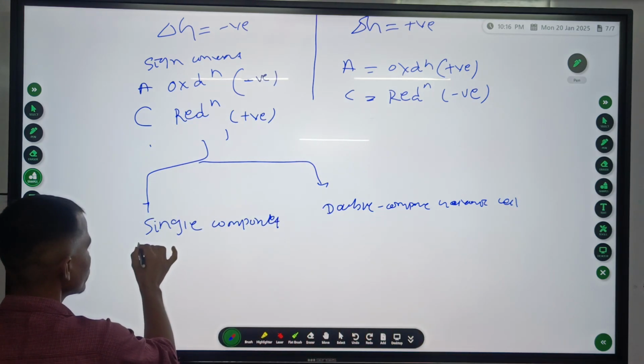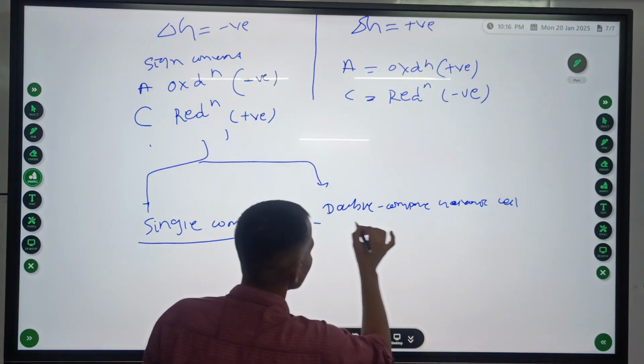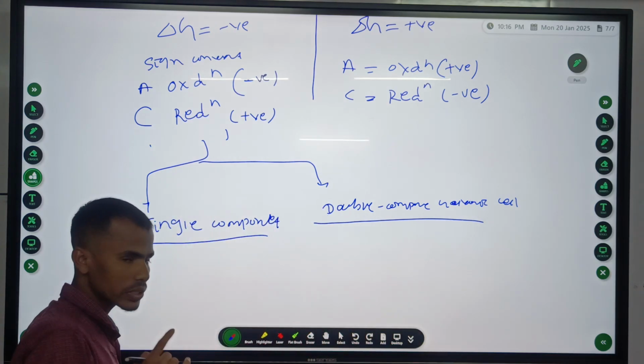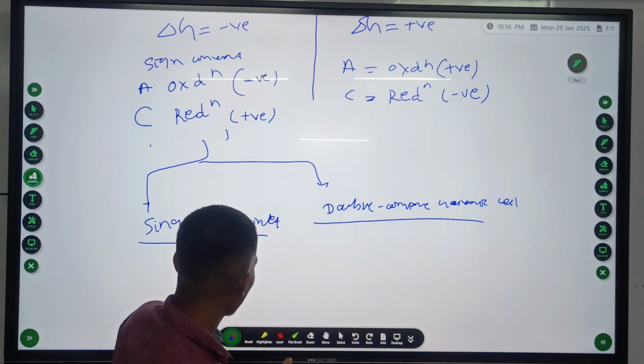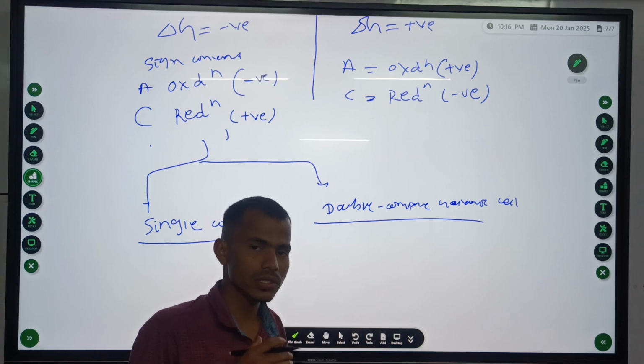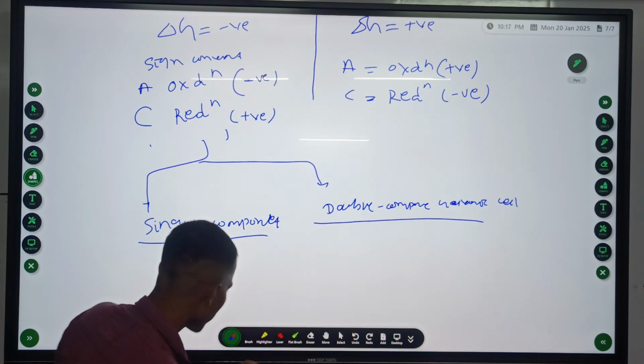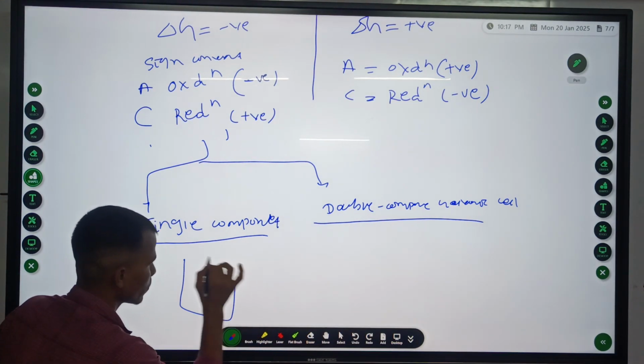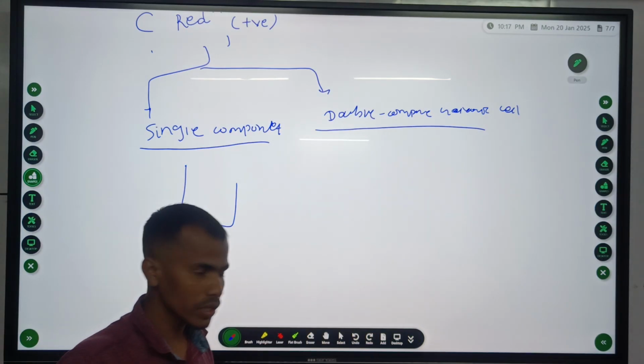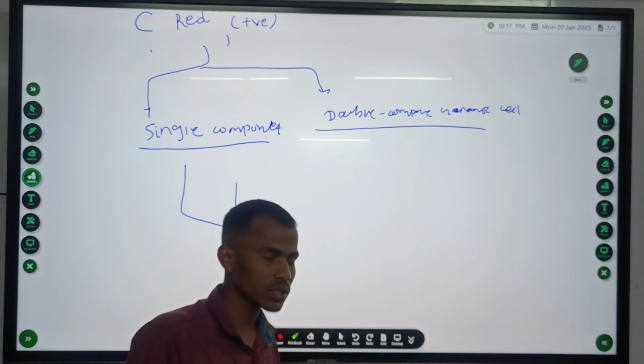So what is the difference between single component and double component? Basically in a single component galvanic cell, we do the redox reaction in a single container. All the oxidation as well as the reduction of the cell occurs in a single container.